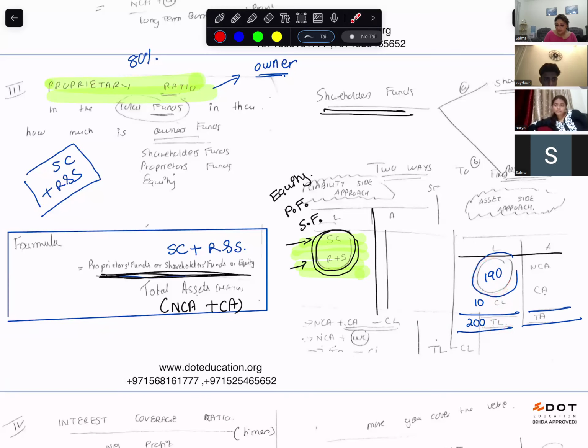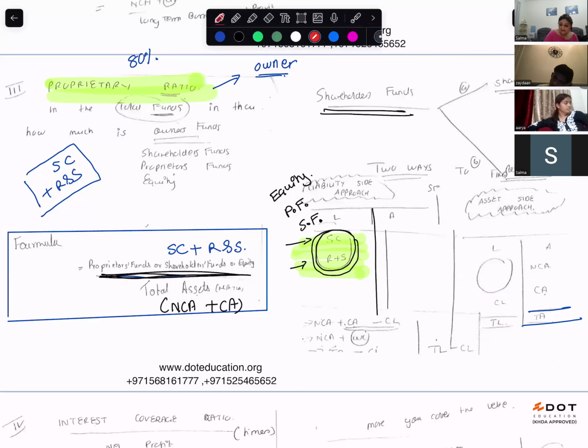So if total liabilities is 200 and current liabilities is 10, the shareholders funds will be 190. Let's do one more example. Say my total liabilities is 800 and current liabilities is 20. How much will my shareholders funds be? 780. Very good.